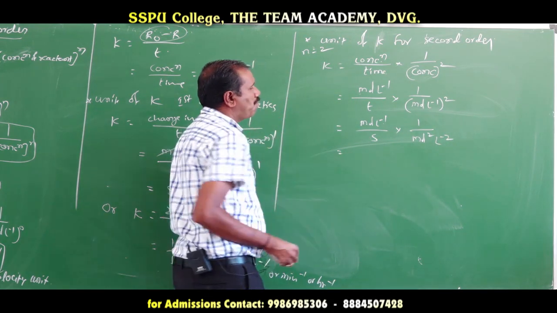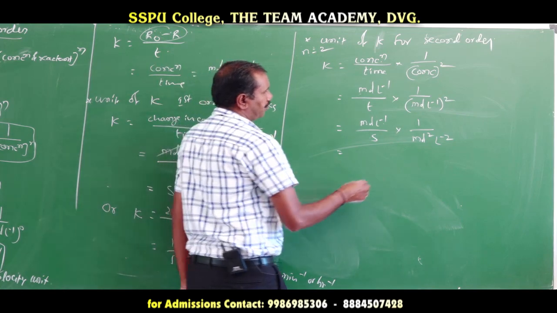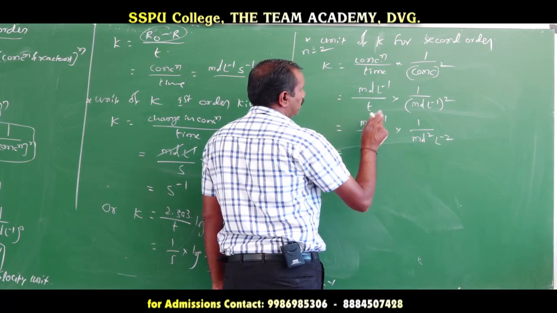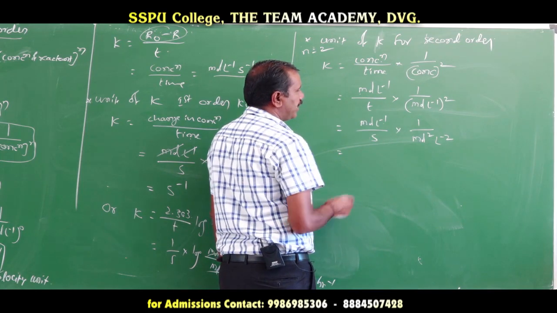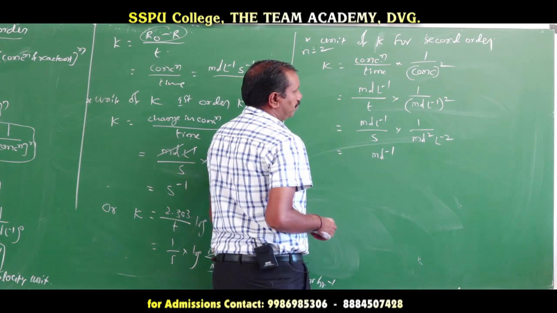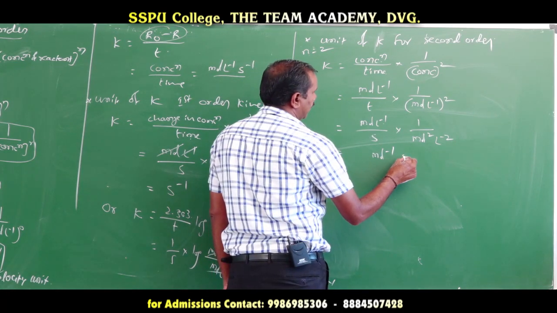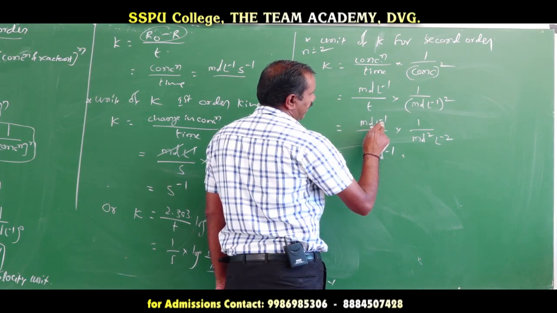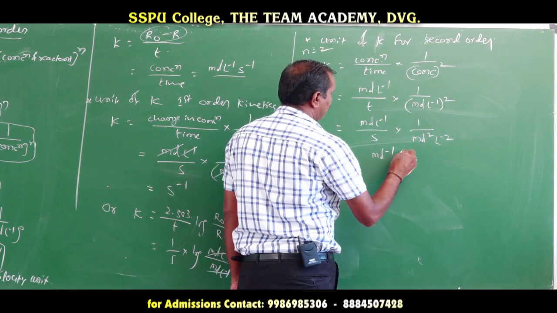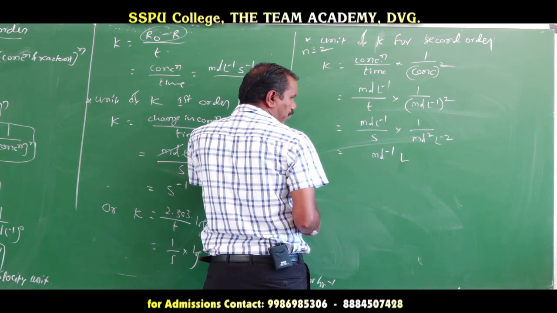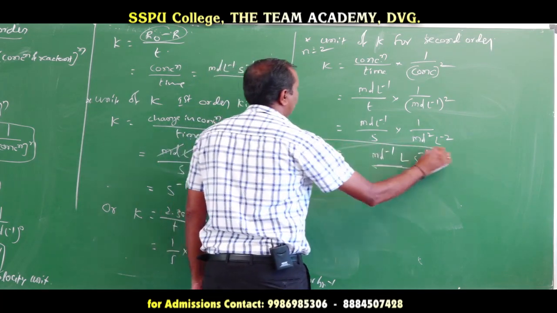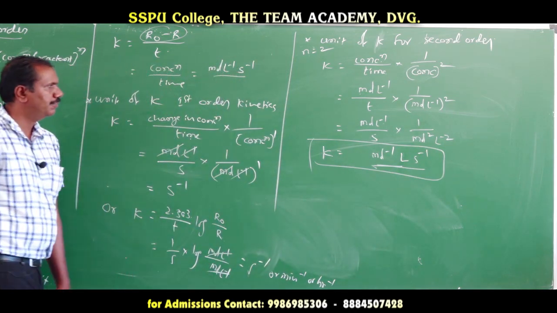You see, mole square becomes mole to the power of minus 2 plus 1, meaning per mole. Per second. Liter: minus 1, this is minus 2, becomes plus 2 minus 1, nothing but plus 1. Mole per mole liter per second. It is the unit of K for second order kinetics.